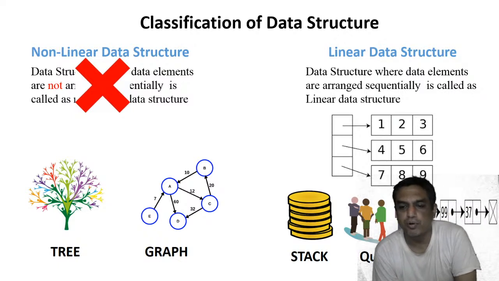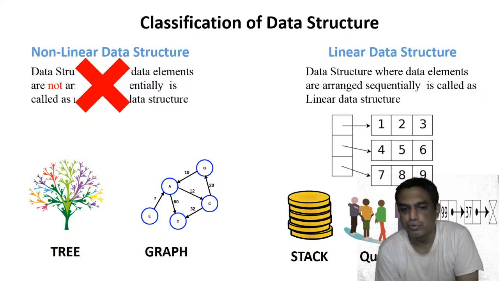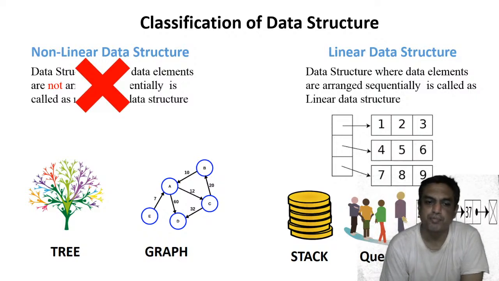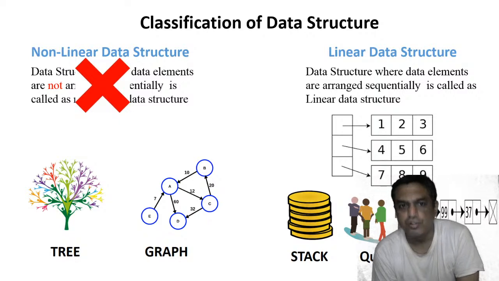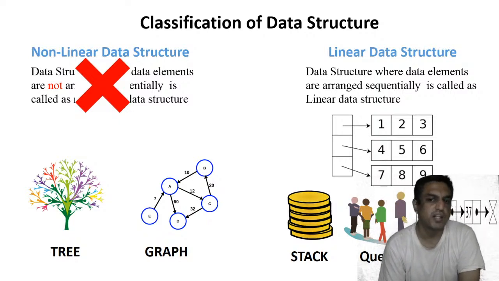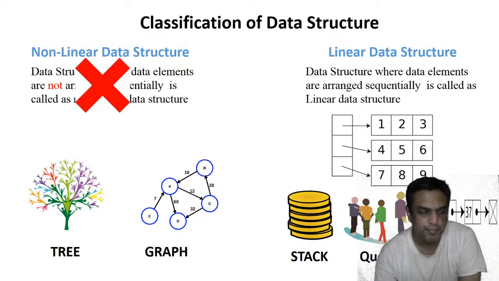Chapter number 3 is about stack and queue followed by linked list. Chapter number 4 and chapter number 5 are tree and graph. So what are we learning in this subject? We are learning different data structures like stack, queue, linked list, tree and graph. So this is about the classification of data structure. Moving forward.